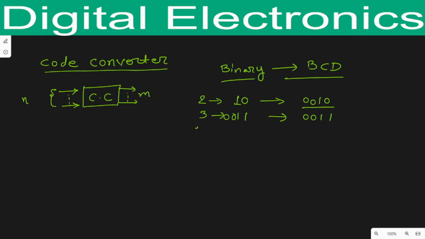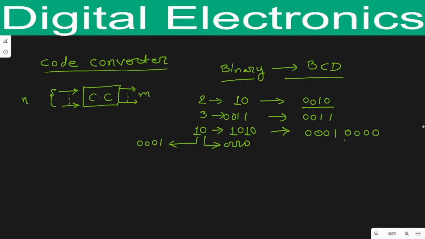If the number is 10, its binary representation will be 1010. But when we are dealing with BCD, for finding its BCD representation, first we represent this 1 in 4 bits, that means 0001, and this 0 in 4 bits, that means 0000. So the BCD representation of 10 will be 00010000.